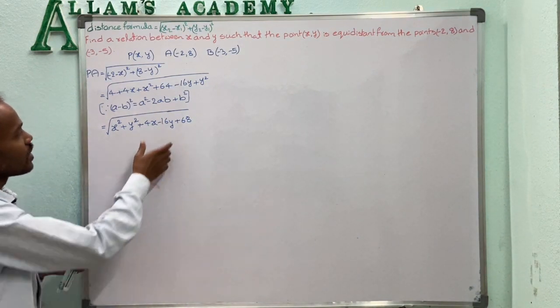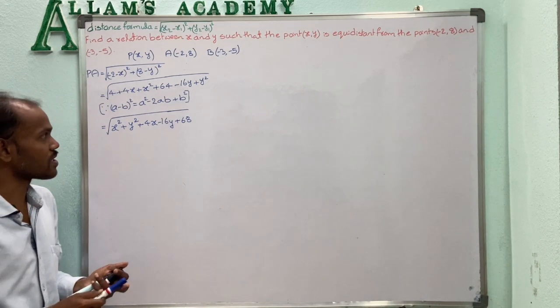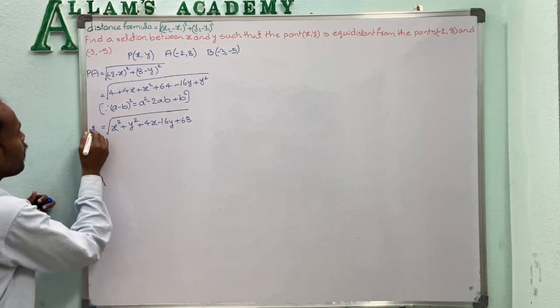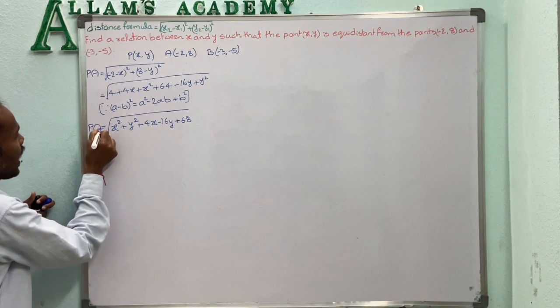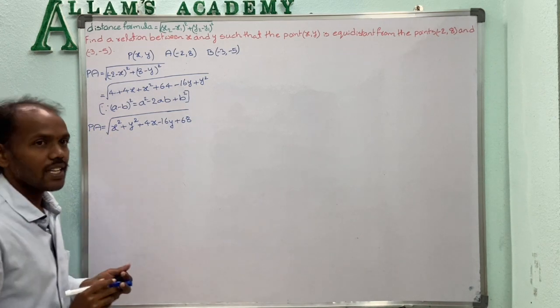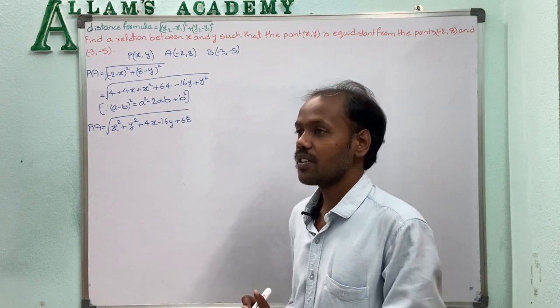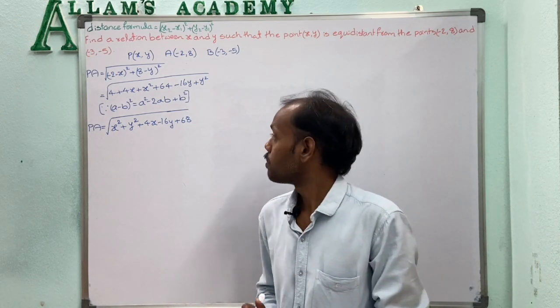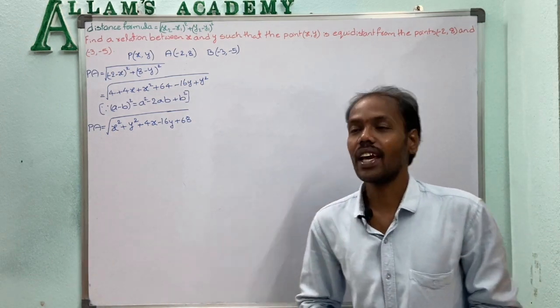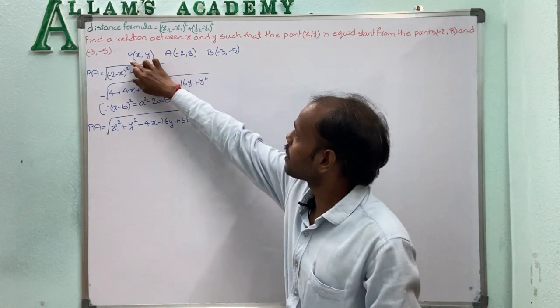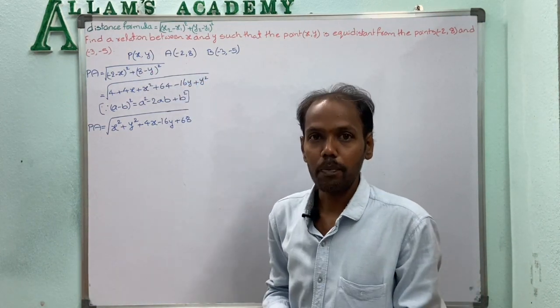So for the distance between the points P and A, it is under root x square plus y square plus 4x minus 16y plus 68. Now finding the distance between the points P and B.